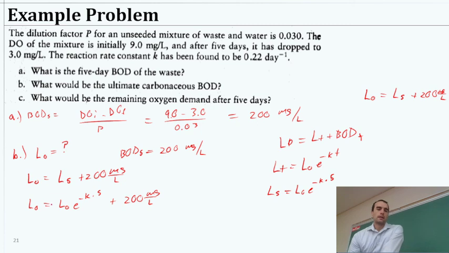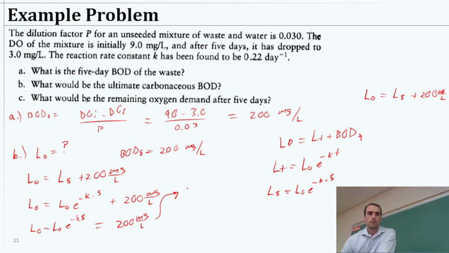And so now we need to get the L's together, so we'll get L naught minus L naught e to the negative 5k equals 200 milligrams per liter. And I'm going to restart that here.